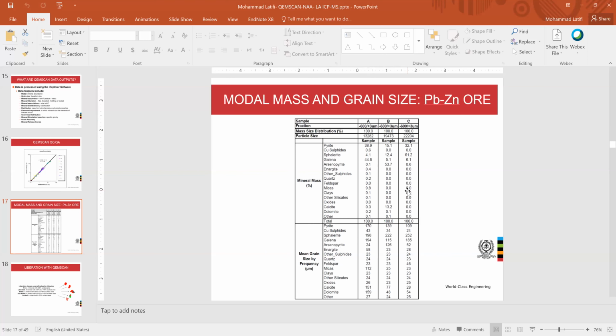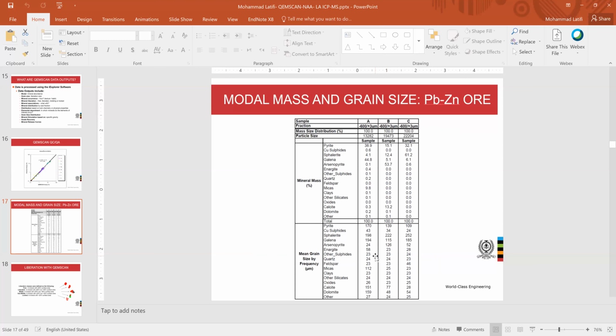So by having this kind of composition and structure of the mineral, or in other words, by this kind of mineralogical information, you can decide what you have to do for your process. Because we know in mineral processing, a big purpose is to make a concentrate, is to get rid of the gangue and recover the most valuable mineral.